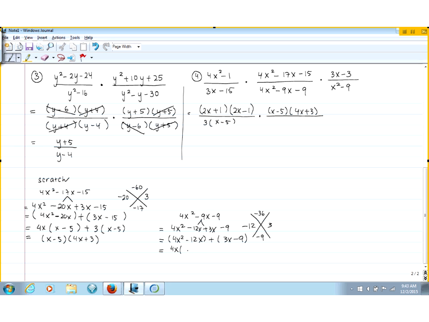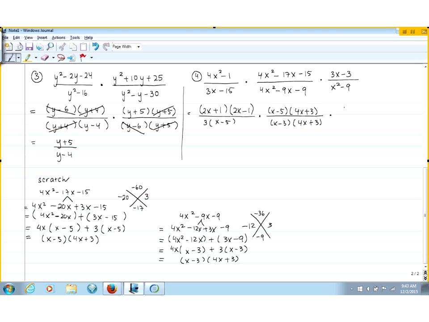So 4x left with x minus 3. 3x minus 9, what is this? 3 times x minus 3. So x minus 3 times 4x plus 3. Alright.